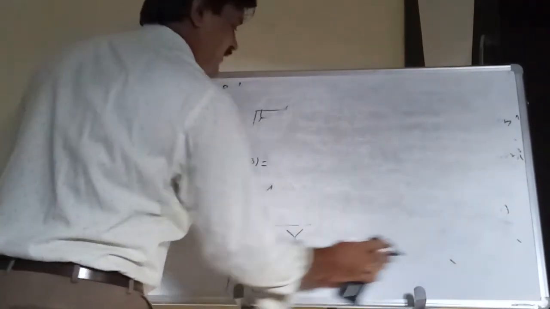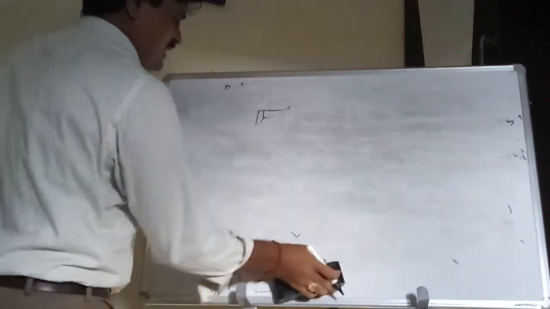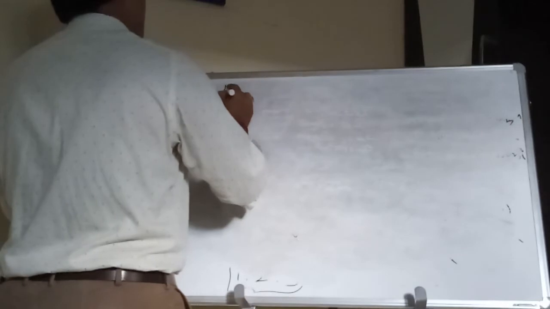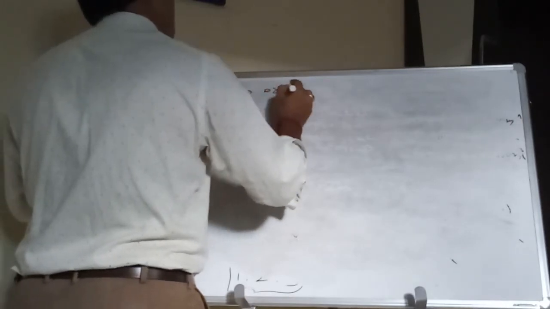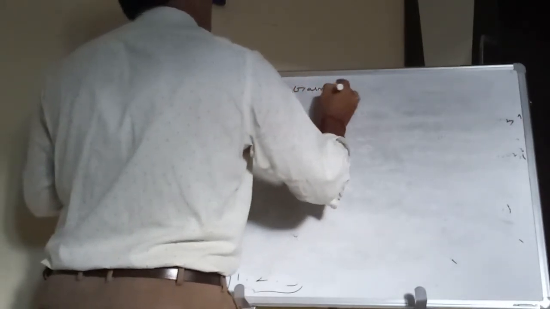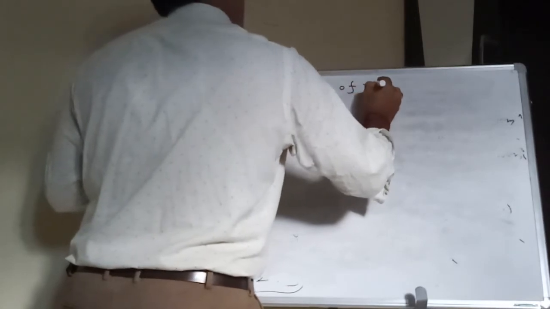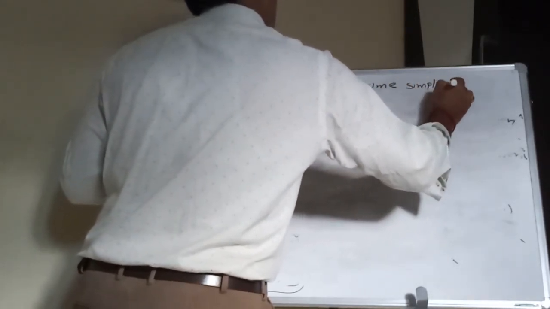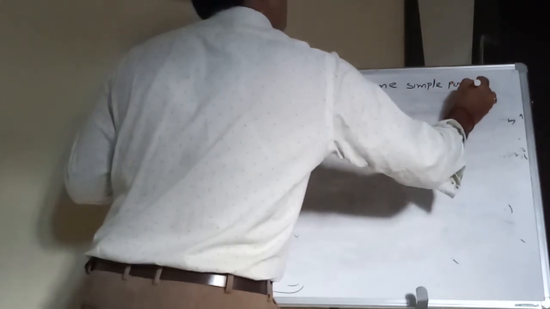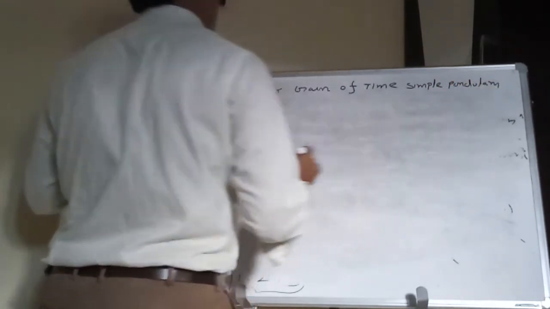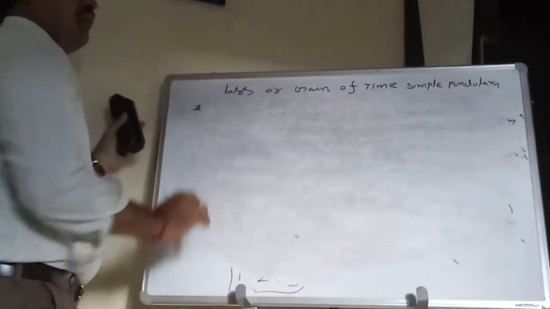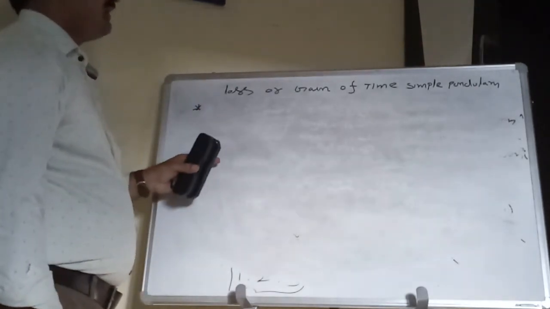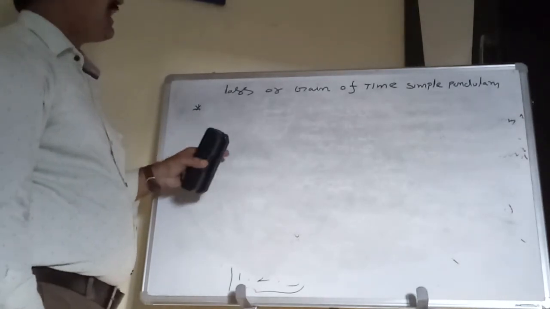Loss of time and gain of time, simple pendulum. In a pendulum clock, there is loss of time when the temperature increases, and gain of time when the temperature decreases.